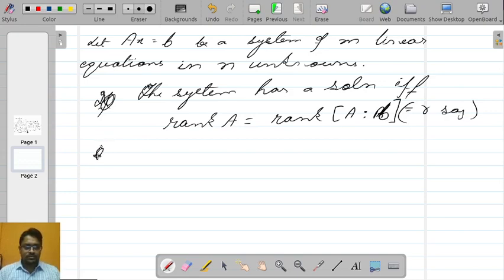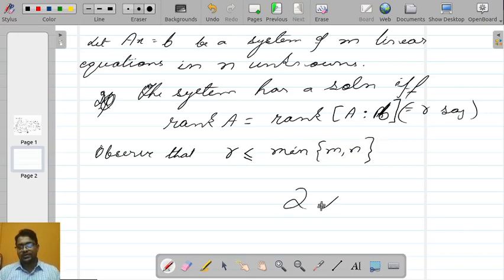Observe that this R, the rank of A, is always less than or equal to the minimum of m comma n. If we have a 2 by 5 matrix, its rank cannot be more than 2.